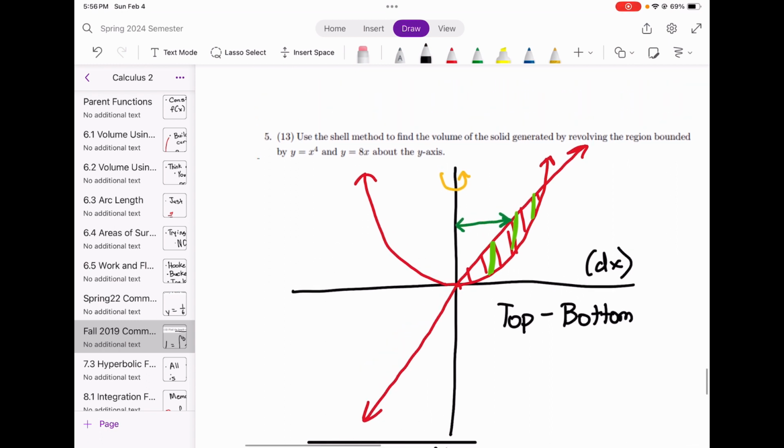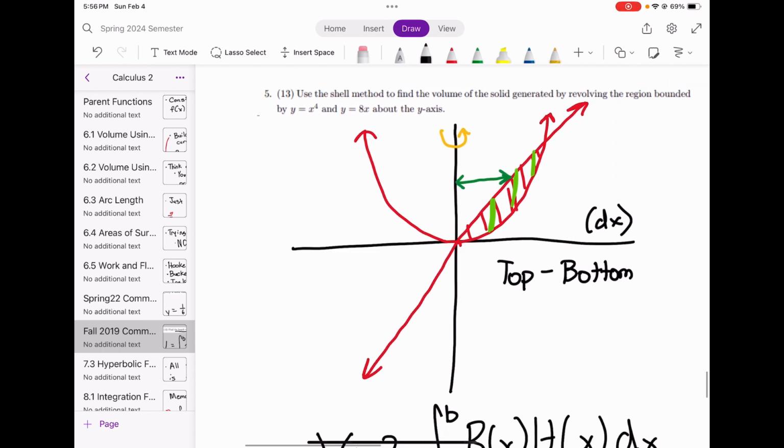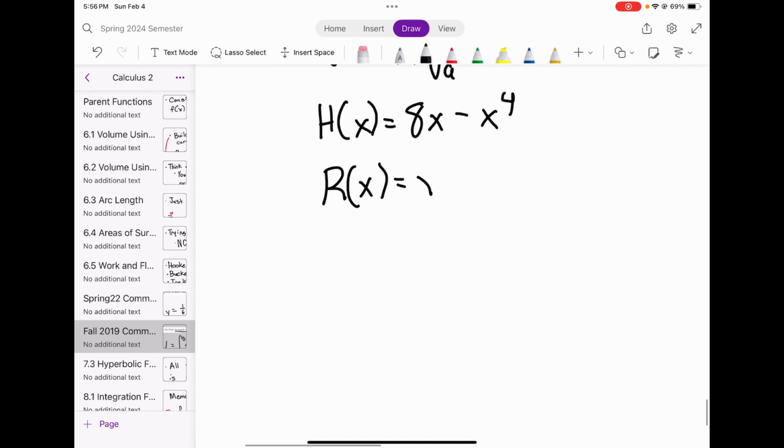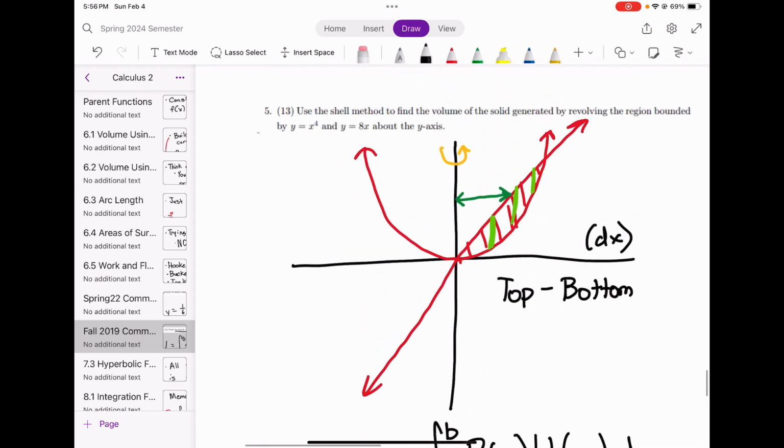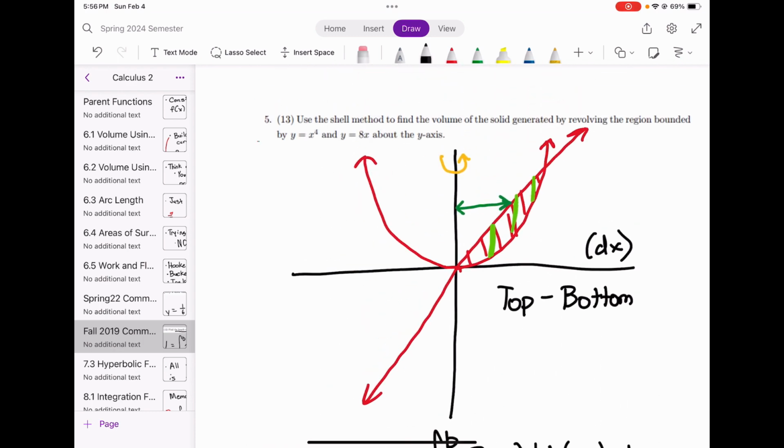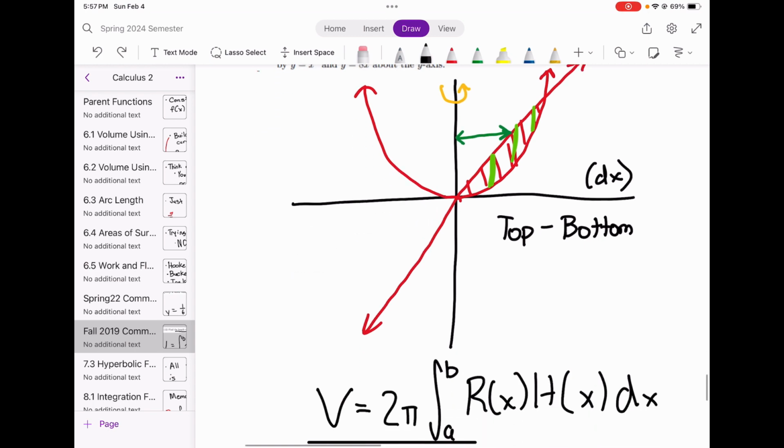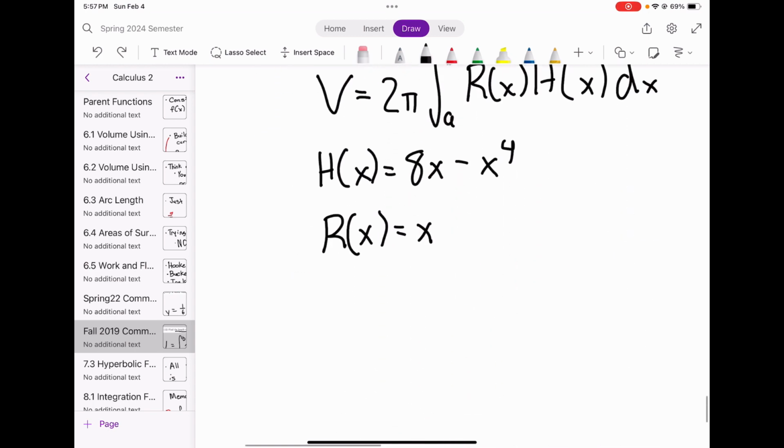And so all you need to do is put in x. And that's it. Why? Because the distance from here to here is simply x. That's the definition of what x is. And so all we need to put there is x.